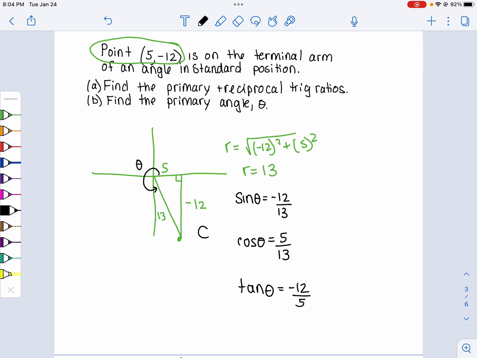Now I am in the cos quadrant here, so cos should be the only one that's positive. And then my reciprocals: cosecant theta equals negative 13 over 12. Secant theta equals 13 over 5. And cotangent theta equals negative 5 over 12.